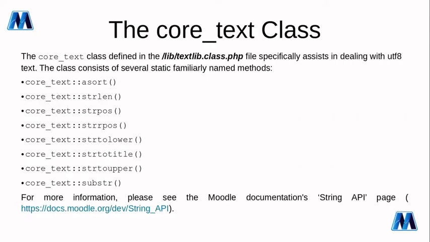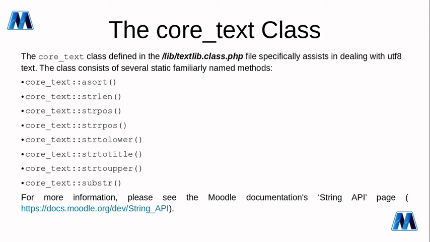The core_text class, which falls inside the string API, is a useful class to know as well. This class is specifically developed to handle and deal with UTF-8 text.